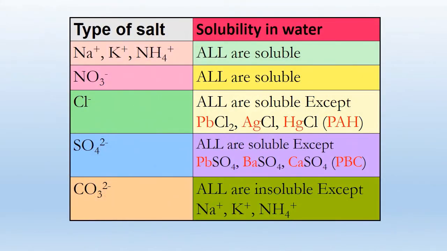The table shows the types of salts and their solubility in water. Sodium, potassium, and ammonium salts are all soluble. Nitrate salts are all soluble. Chloride salts are all soluble except lead(II) chloride, silver chloride, and mercury chloride.